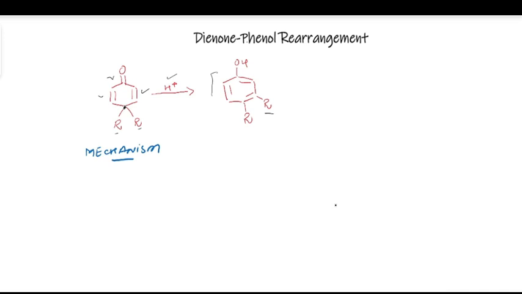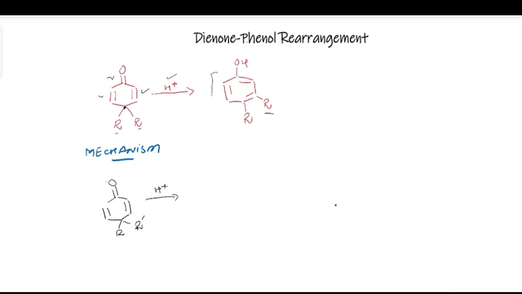And this reaction is acid catalyzed. So let's see how the mechanism works. So here is our dienone with two alkyl groups. Let me differentiate them by R and R prime at position 4, and this is an acid catalyzed reaction.